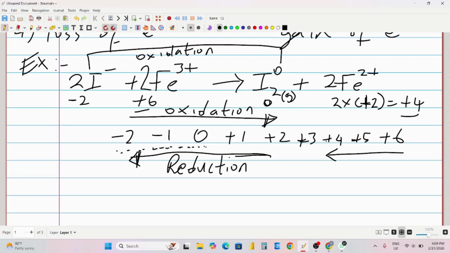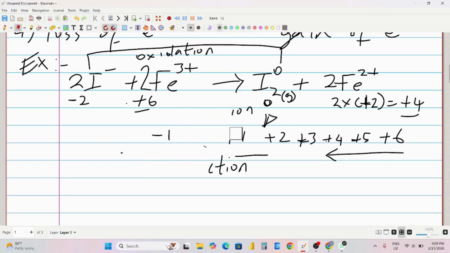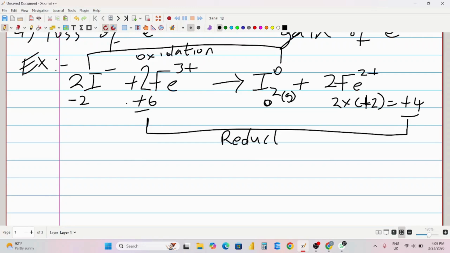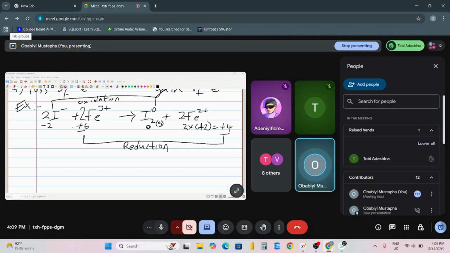Looking at the arrow from +6 to +4, you can see it's undergoing what? Reduction. So your iron is undergoing reduction. So that is how to use the number line effectively. From +6 to +4, undergoing reduction.